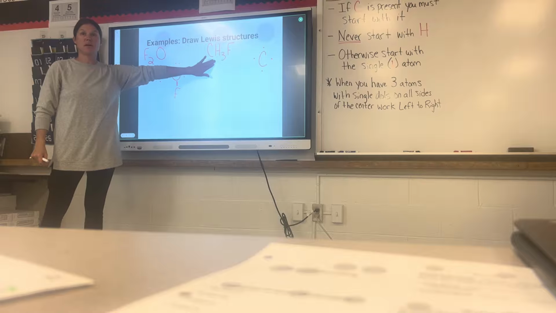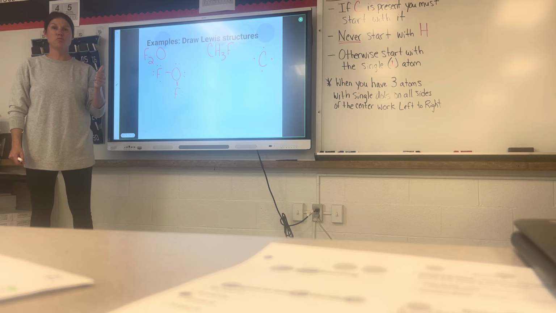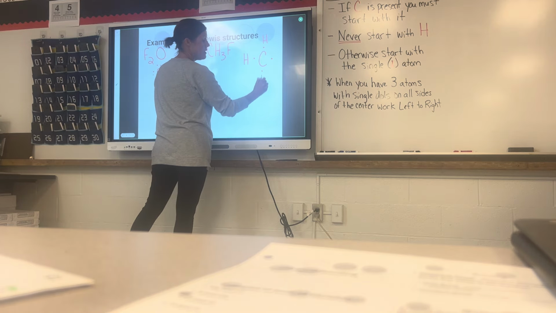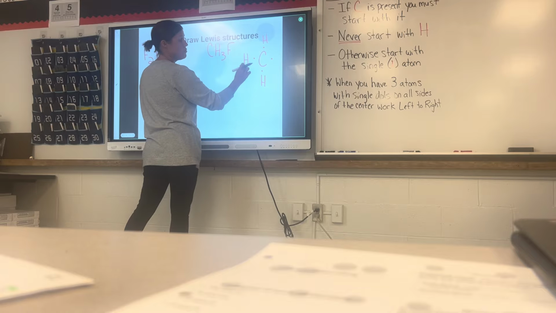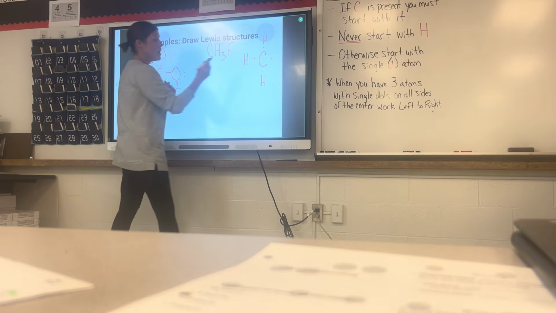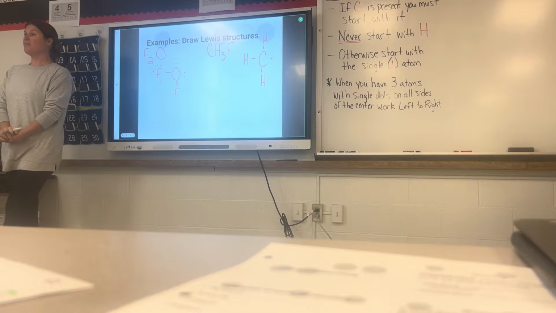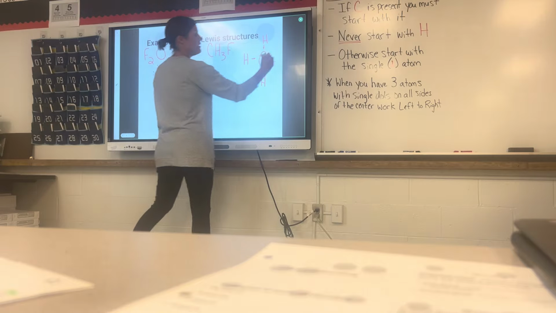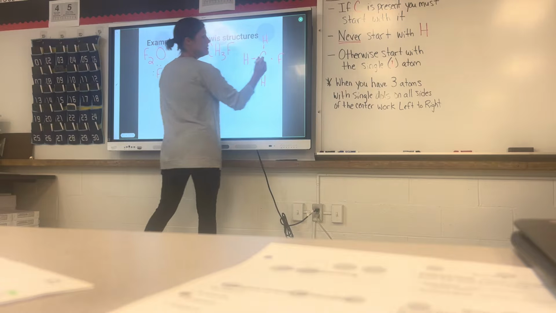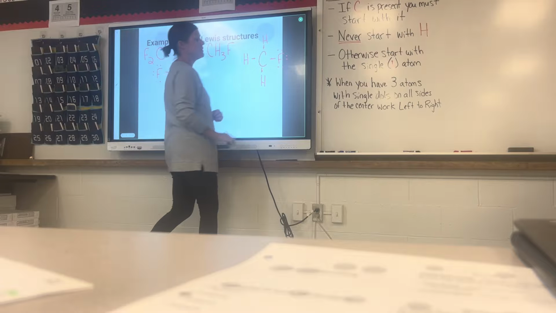How many H's do you have? 3. As long as they go on a single dot, it doesn't matter how you place them. So 1, 2, 3. It doesn't matter. Okay? Each H forms a what? Bond. Okay? Now where will my F go? Right here. And how many does F get? 7. So here's my first one. 1, 2, 3, 4, 5, 6, 7.